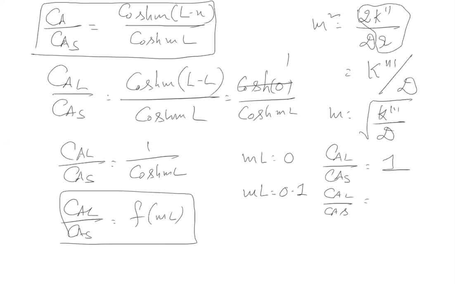Cosh 0.1 is 1.005. What is 1 by 1.005? 0.99. Suppose mL is equal to 10. Then what is CAL by CAS?